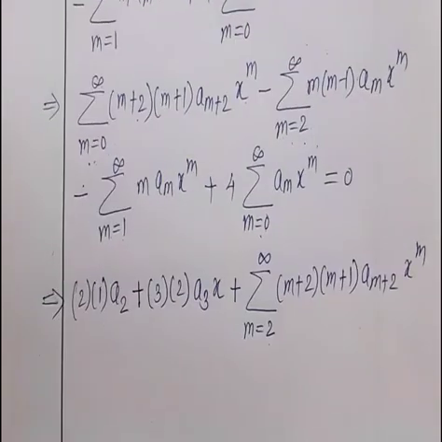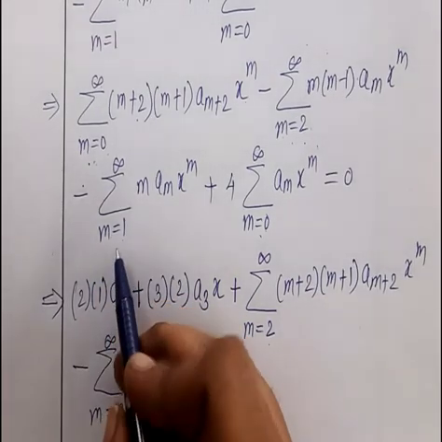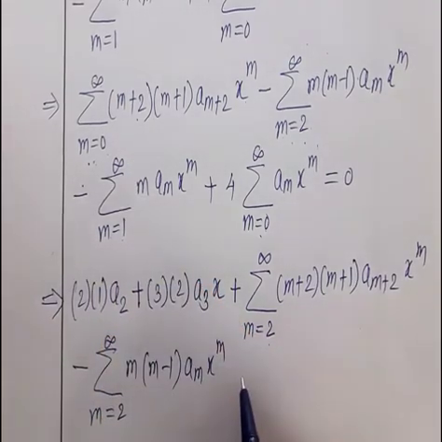Next term, write as it is: minus summation m equals 2 to infinity of m(m-1) a_m x to the power m. The third term starts from m equals 1 to infinity, so again we convert it into 2 to infinity by substituting m equals 1.